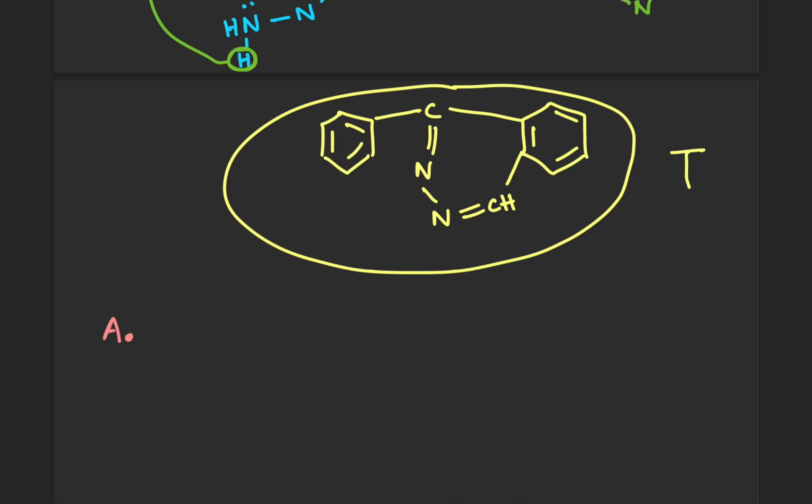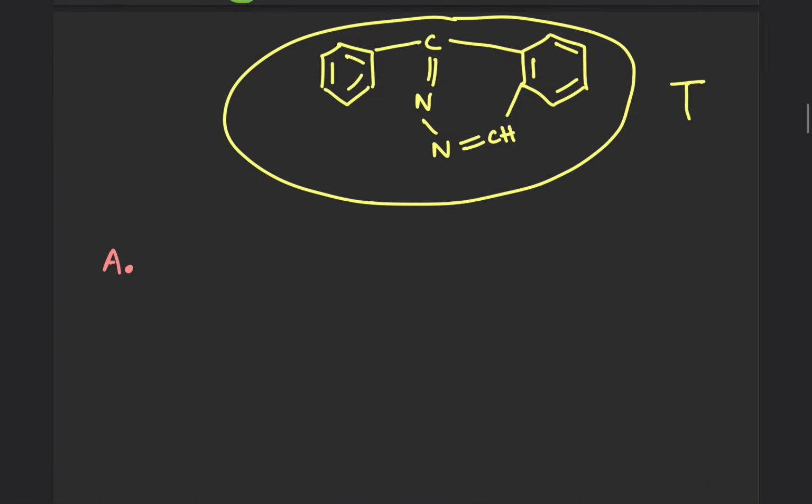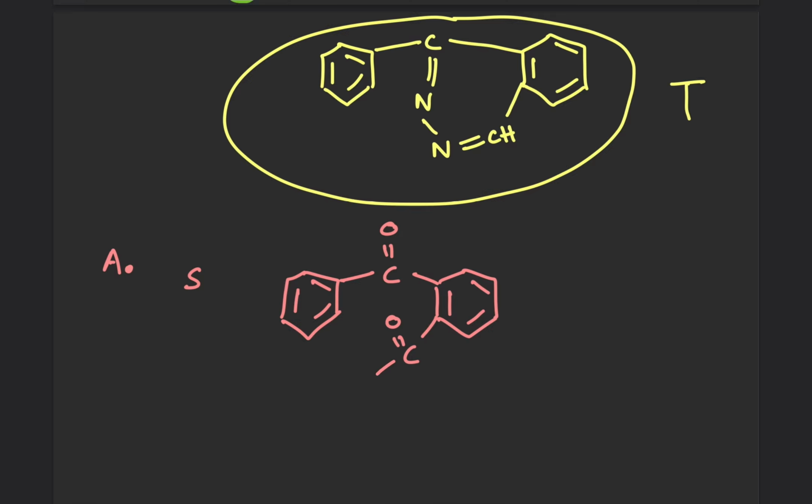Option A says that S on warming with ammoniacal AgNO3 results in the formation of a silver mirror. S is benzene ring, C double bond O, benzene ring, C double bond O, H. We should know that both aliphatic and aromatic aldehydes reduce Tollens reagent into a silver mirror.